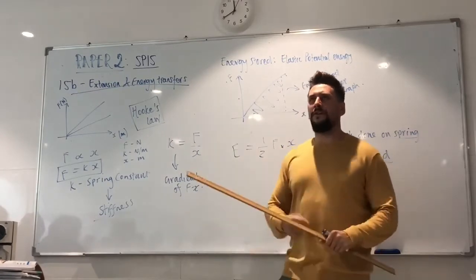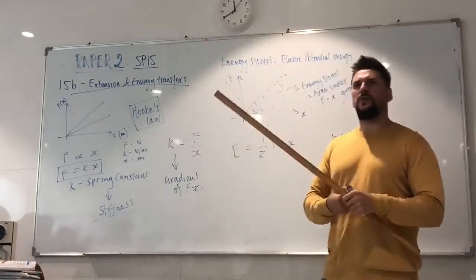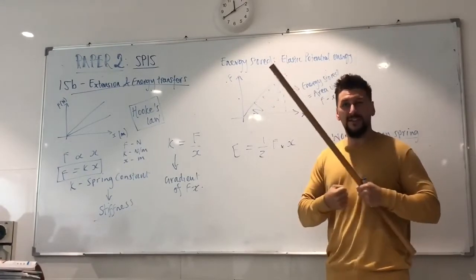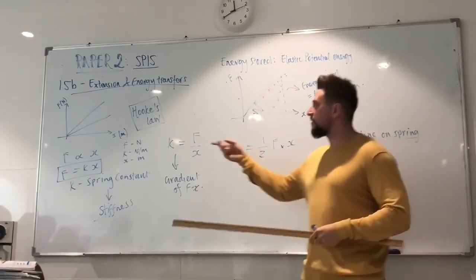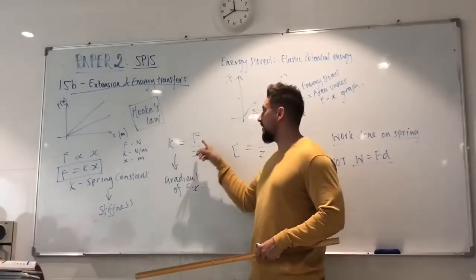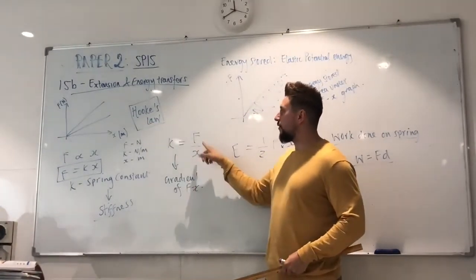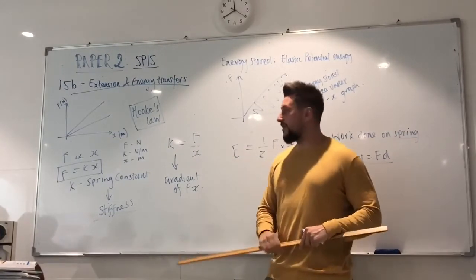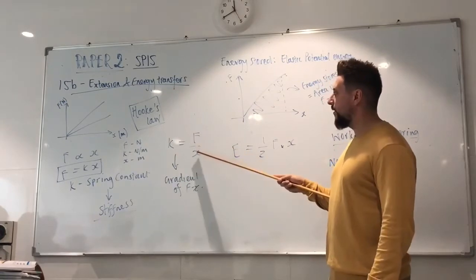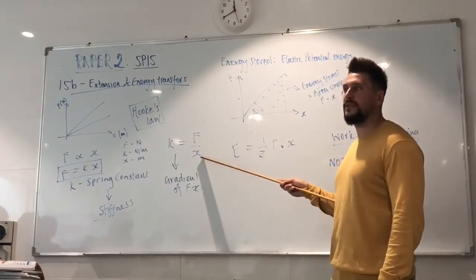If you have to apply a greater force to extend a spring, that's a very stiff spring. It's going to take a lot more force to extend. Whereas this one, with a lower K, a lower spring constant, so therefore a lower gradient, it won't require as much force to extend. So the definition of spring constant is the force required to stretch a spring 1 meter.